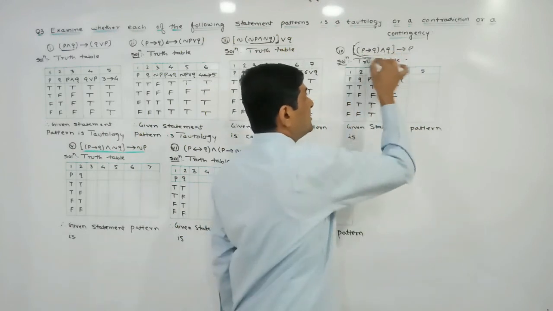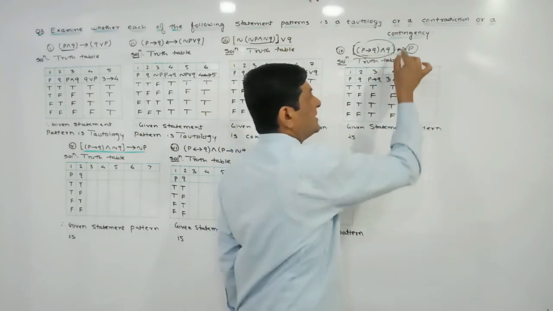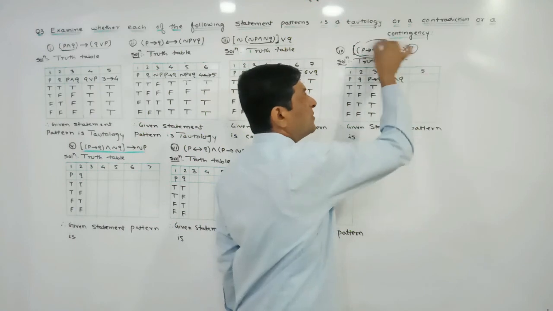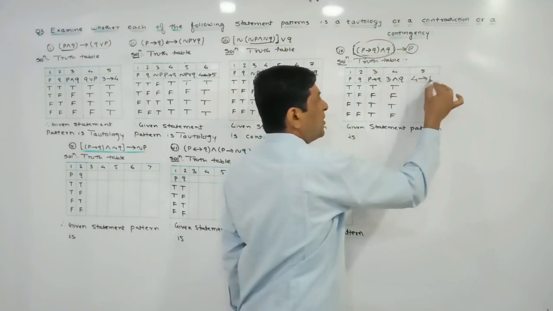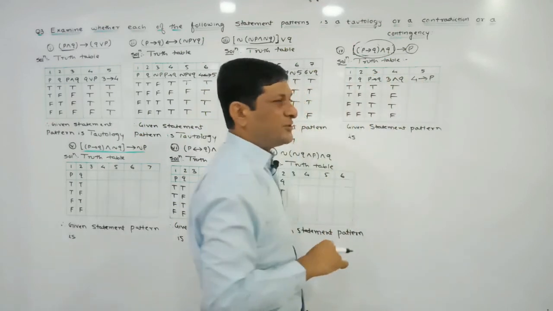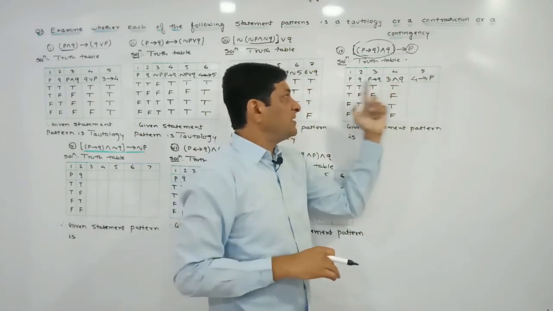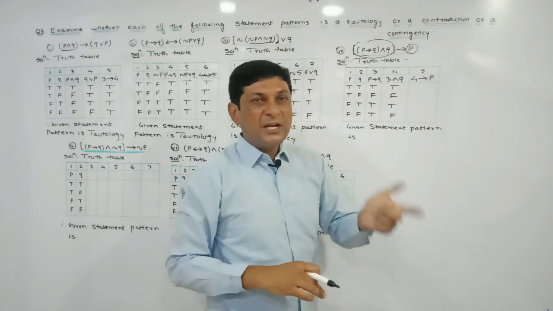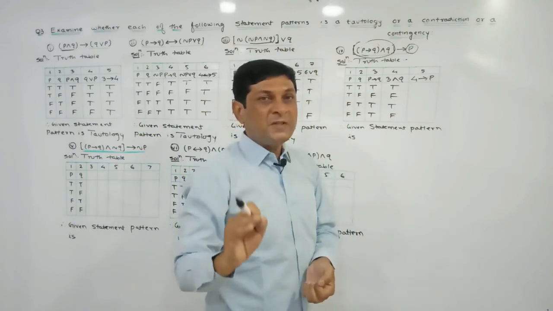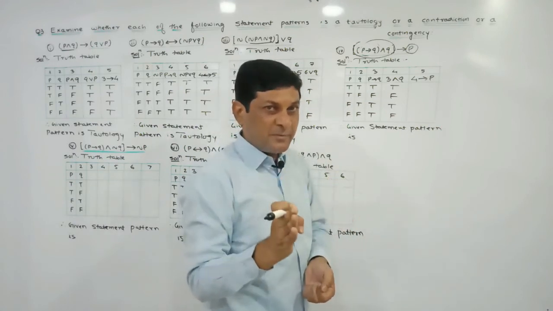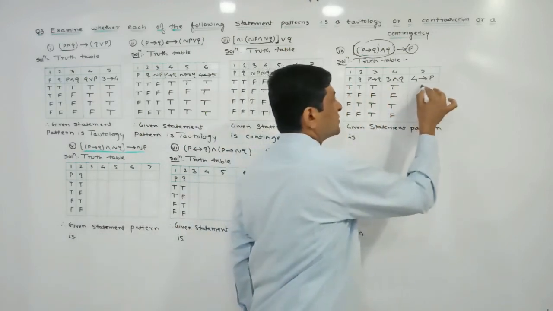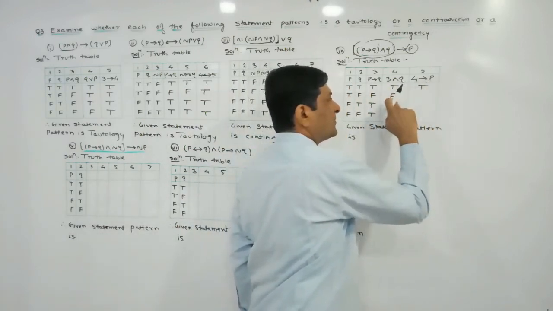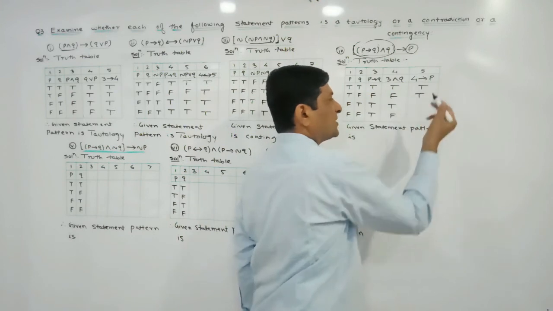Lastly, connect these two statements by implication. The truth value of this statement lies in column number 4, which implies what? P. Which implies P. This is the first statement, this is the second statement, and we know that implication is false if TF is there, meaning the first statement is true and the second statement is false. So here TF does not appear, so true. We know that if the first statement is false, implication is always true.